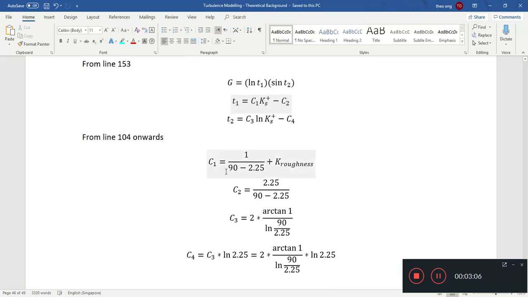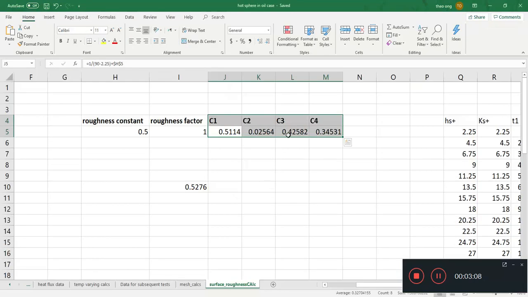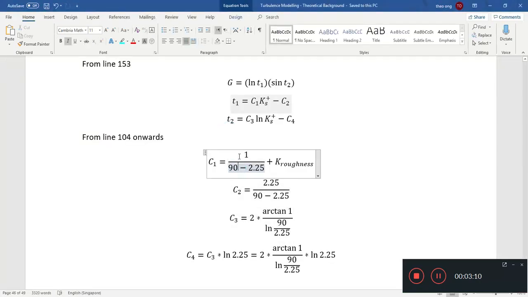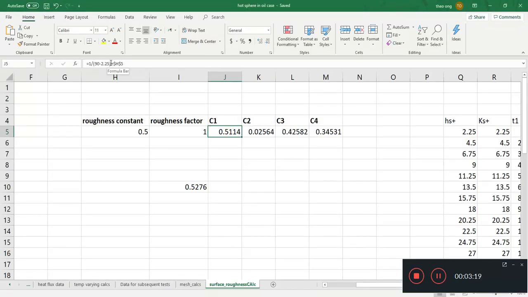So this is C1, C2, C3, and C4. C1 is 1 divided by 90 minus 2.25, plus the K roughness, the roughness constant. On here, the formula is 1 over 90 minus 2.25, and then I add to it the roughness constant in cell H5, which I lock, of course.